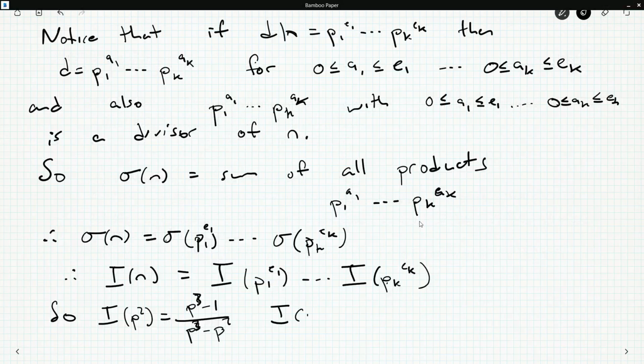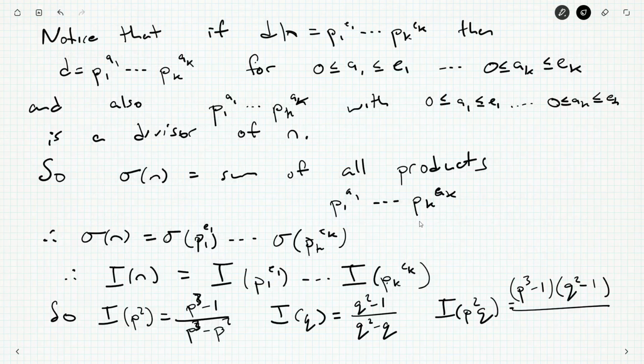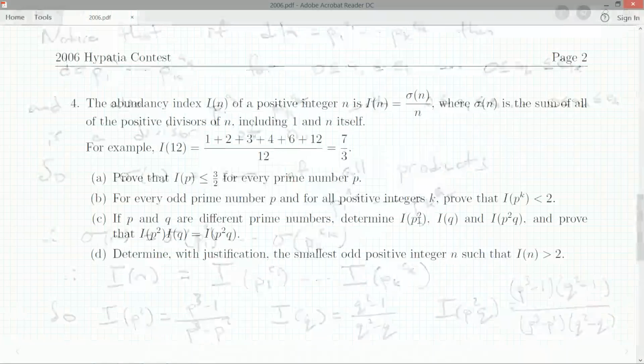They asked me to show sigma of q is (q squared minus 1) over (q minus 1). And now I can say sigma of p squared q is the product of these two. There are other ways you could have written it out, but I like using this method. Okay, I've calculated them all.